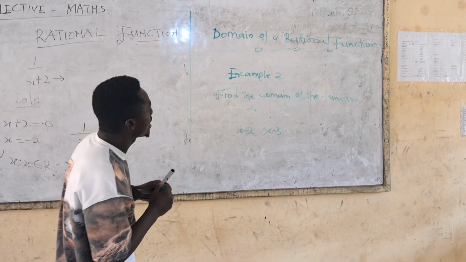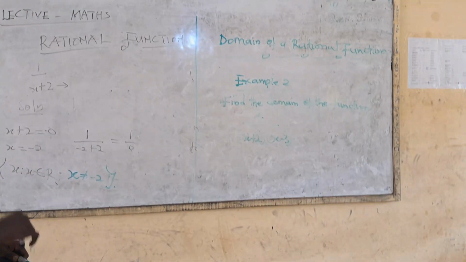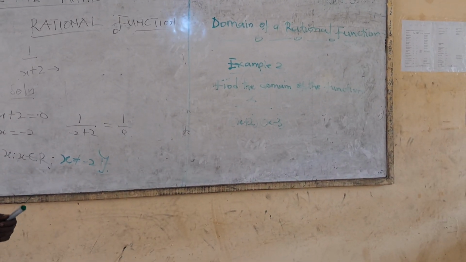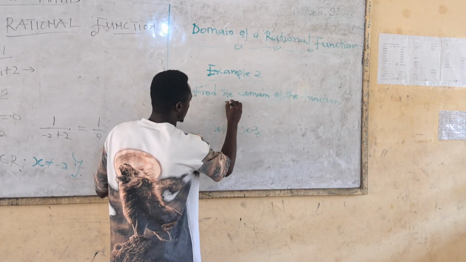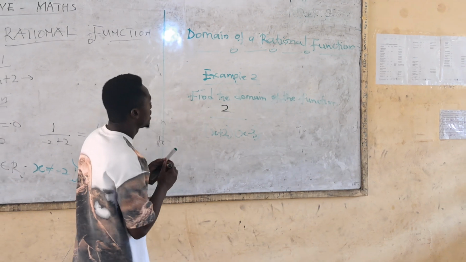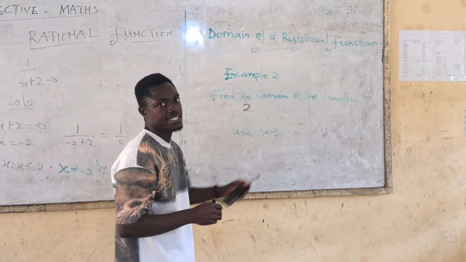So they say we should find the domain of the function 2 over (x plus 2)(x minus 3).